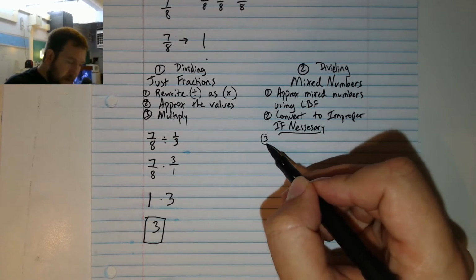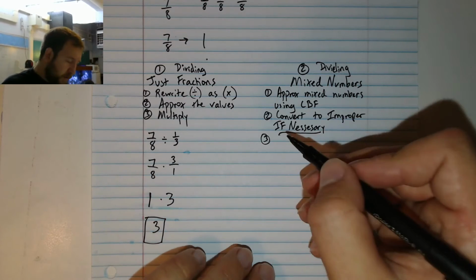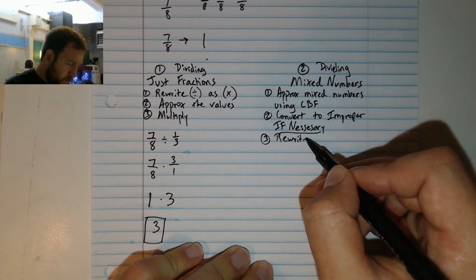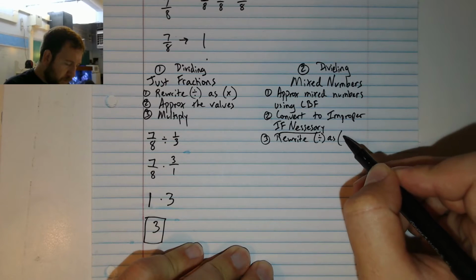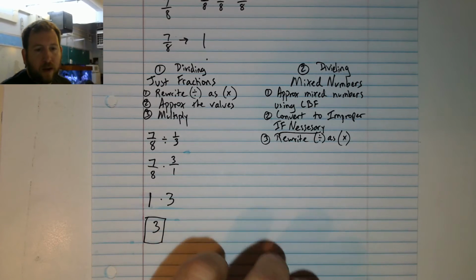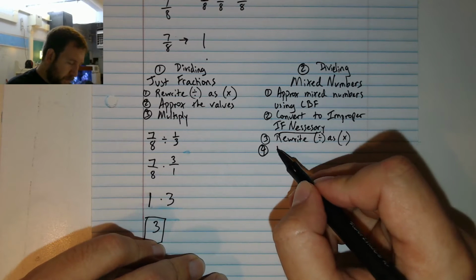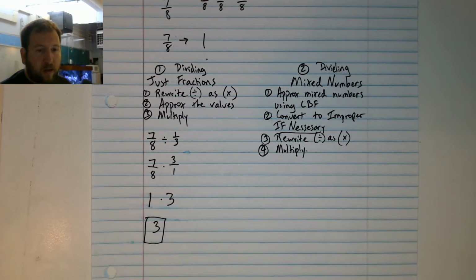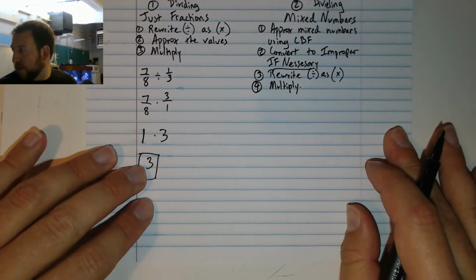Our third step is that we are going to rewrite division as multiplication. And then finally, multiply. Let's take a look at an example and see how that looks here. Let me make sure I have the whole page on here.